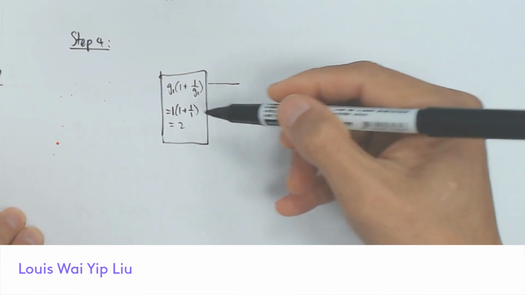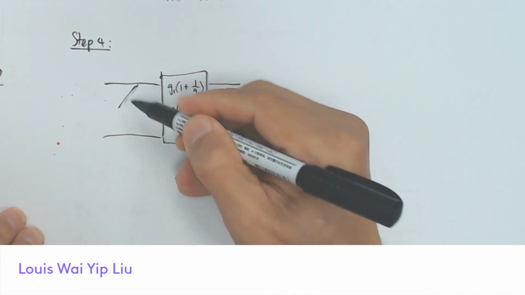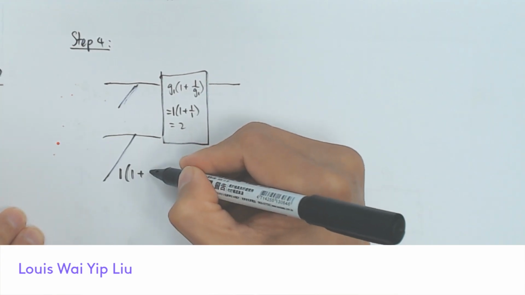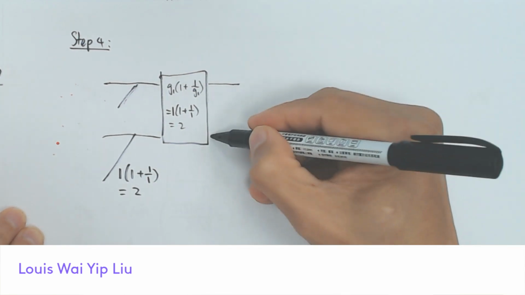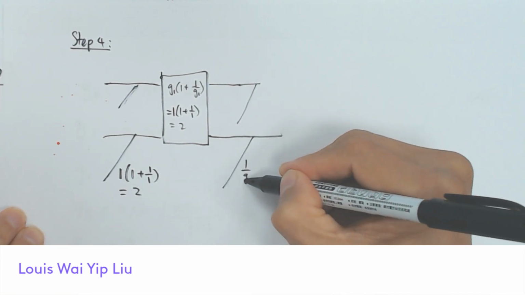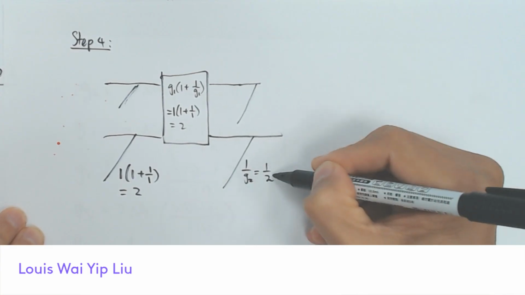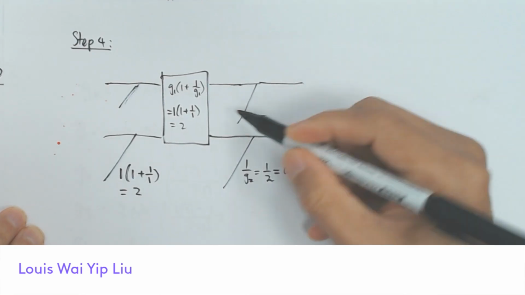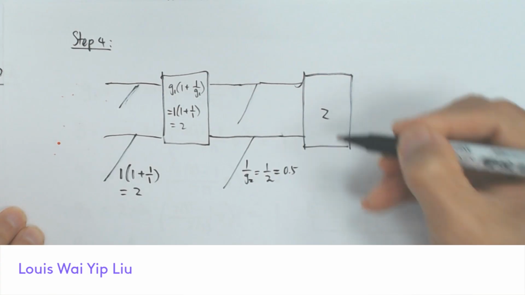And we have 1 times 1 plus 1 over 1, which is 2. And this one here is 1 over G2, which is 1 over 2. And this will become 0.5. And this one here will be exactly the same as the one here. And this will become 2.